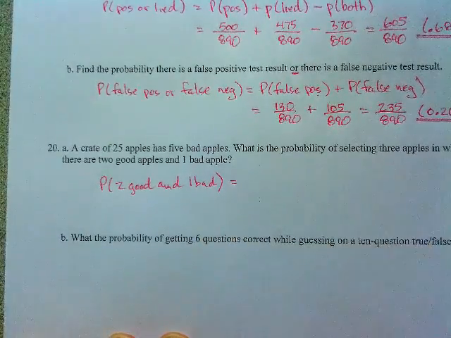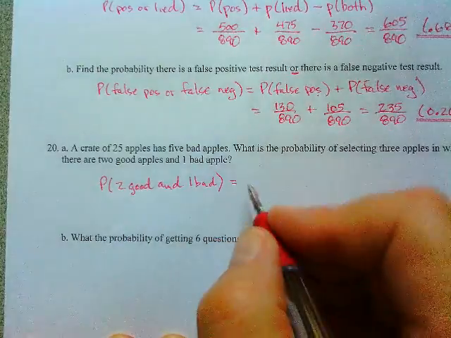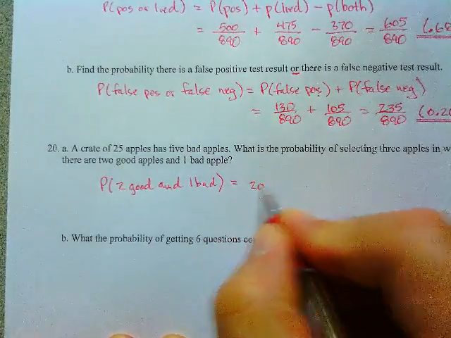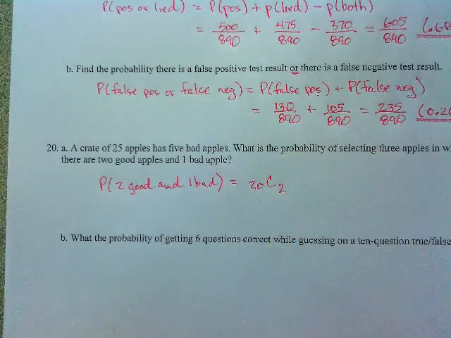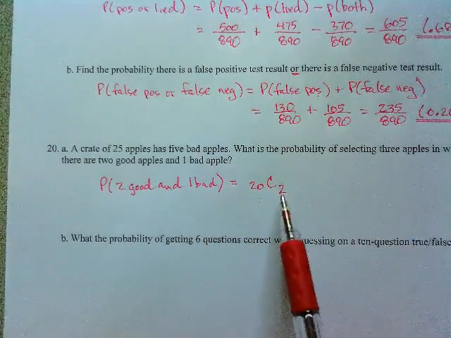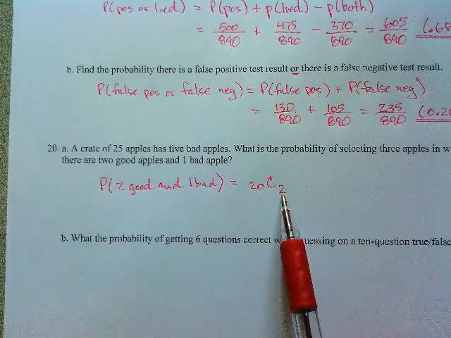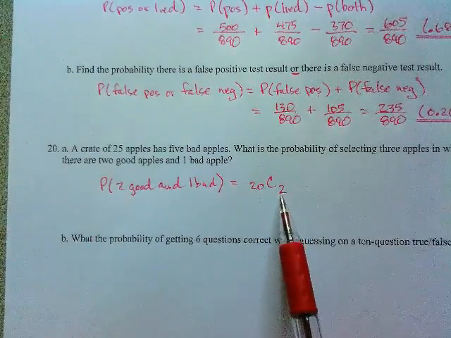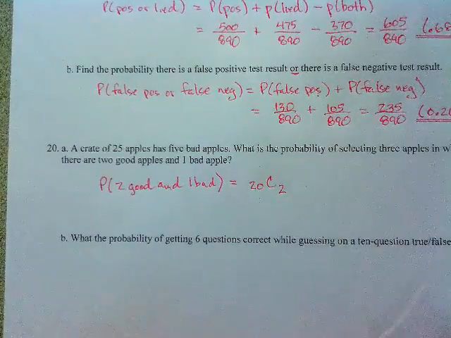Okay, so first off, the good ones, well, if I have 25 total and 5 are bad, then only 20 are good. Note that I've used the nCr type button here because I have 20 good ones to pick from. I'm going to pick 2 of them, but it doesn't matter the order, they're just good. And so it's 20C2 here.